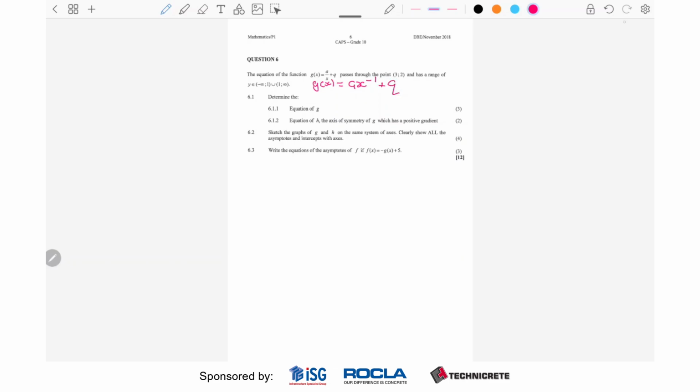So that means this graph is a hyperbola. So for 6.1.1, to figure out the equation of g, since we know point 3.2 already passes through g of x, we can just sub that point in.